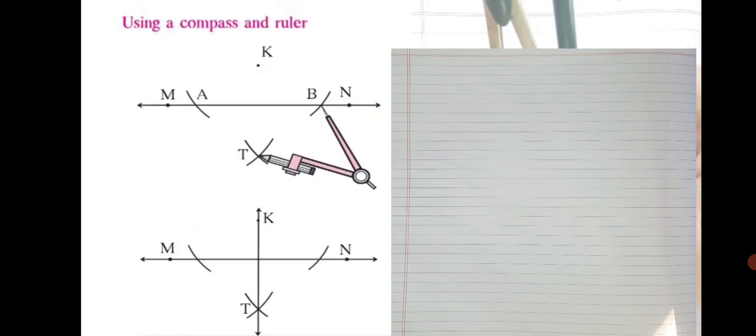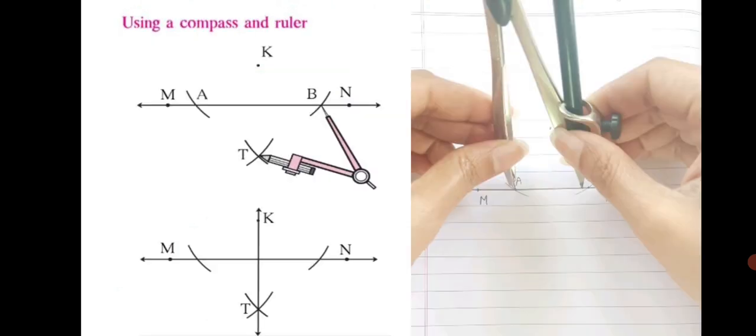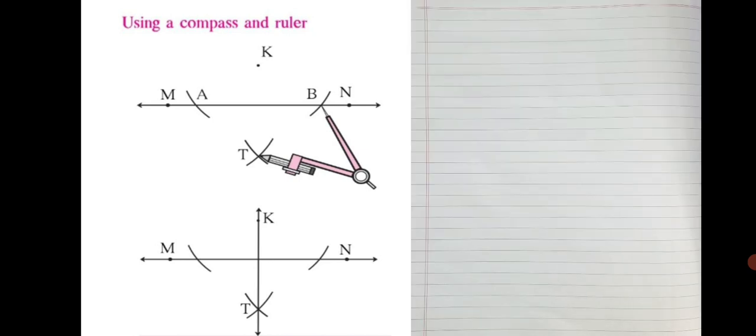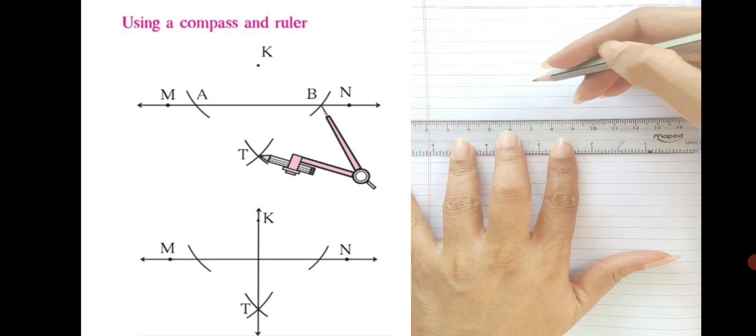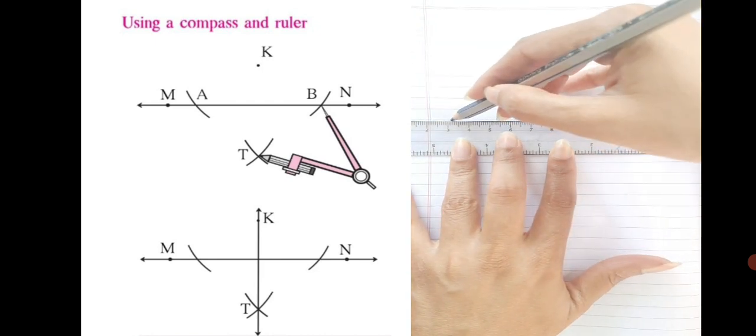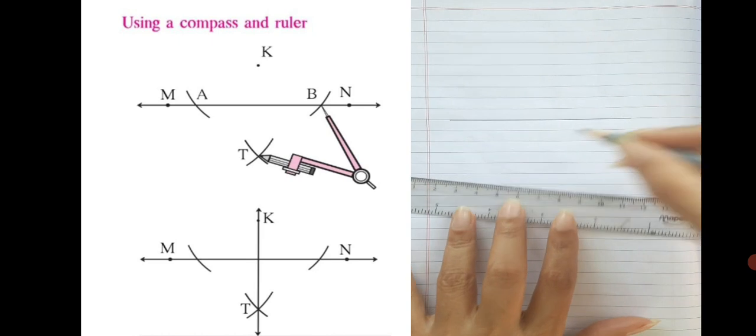So using a compass and a ruler, how are we going to draw a perpendicular line to a point outside the line? Let's see. First, we will draw a line. So draw a straight line using a scale and a pencil.